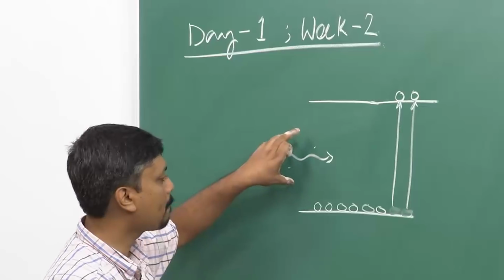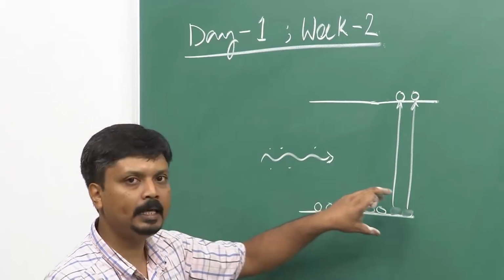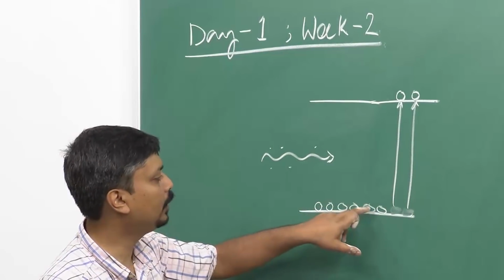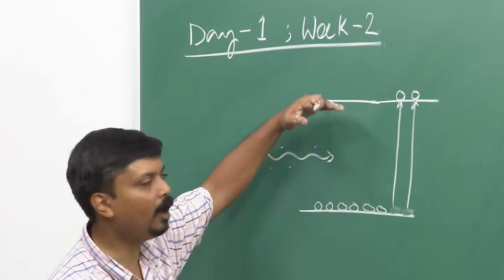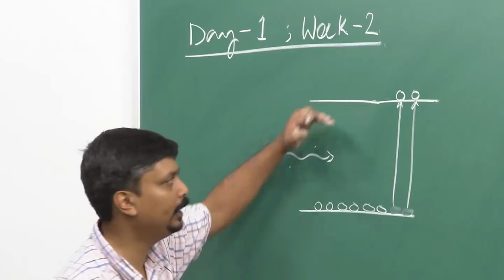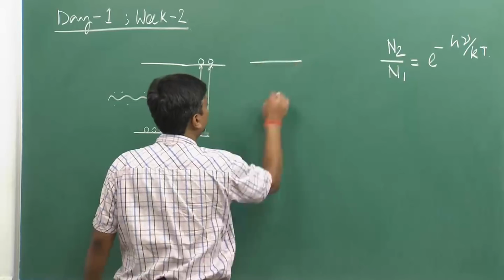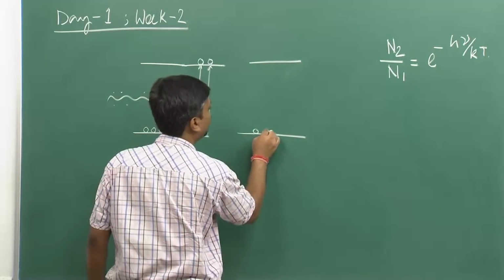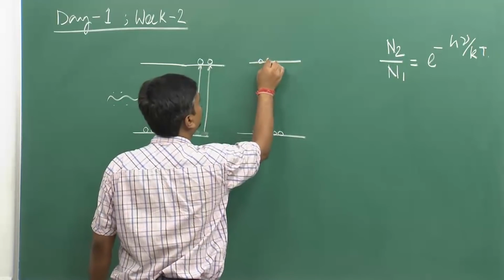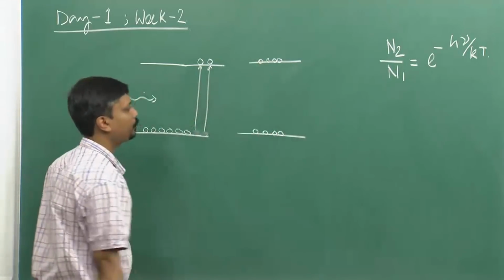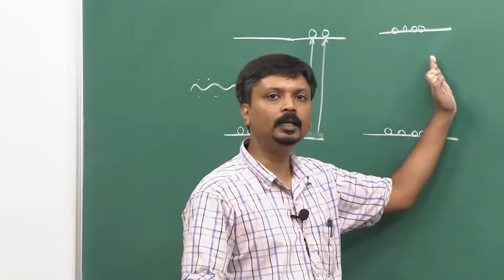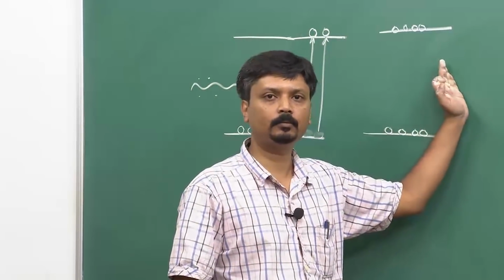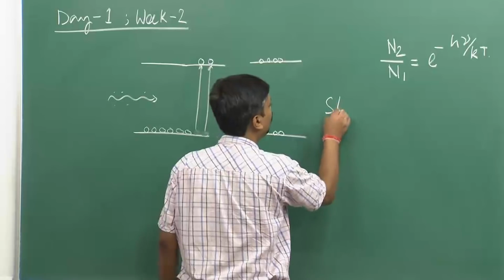Now, if I can achieve a condition where half of the atoms are in this state and half of the atoms are in the excited state, then that will be something like this. So, I have 1, 2, 3, 4, 1, 2, 3, 4. This is a saturated condition.